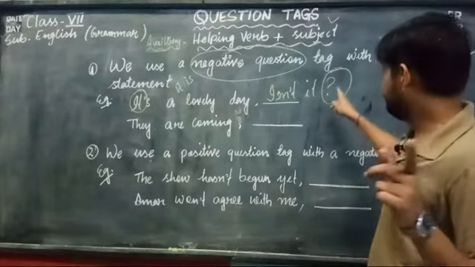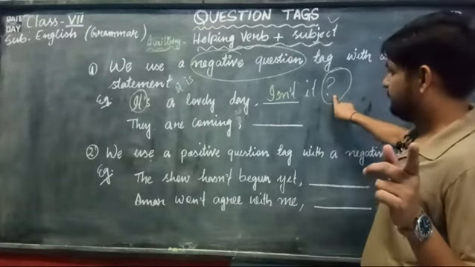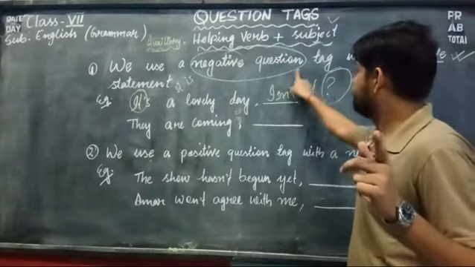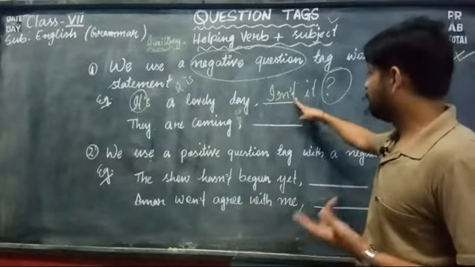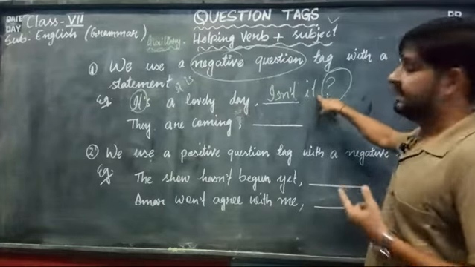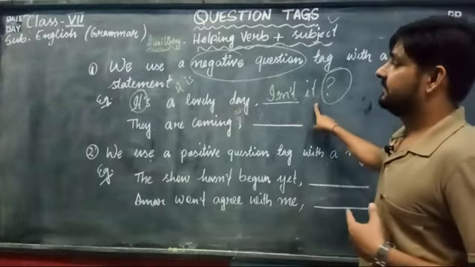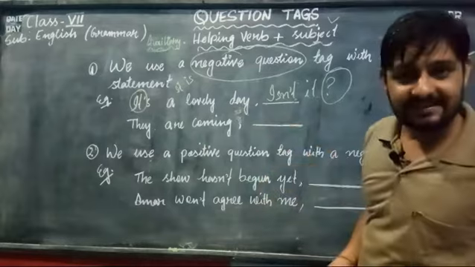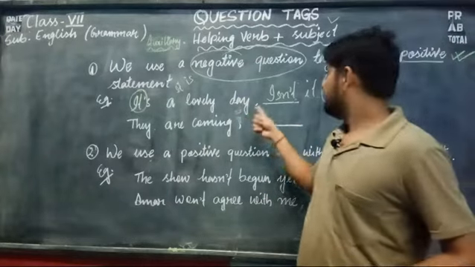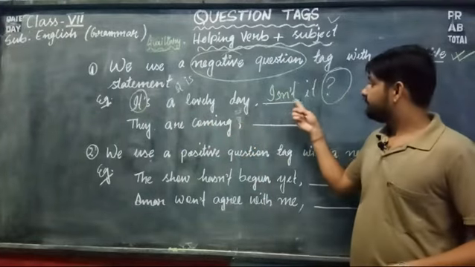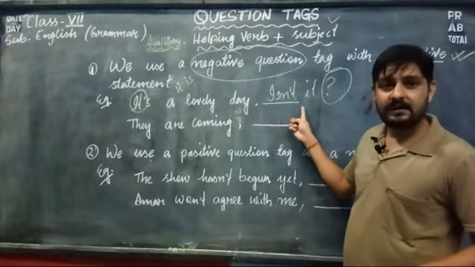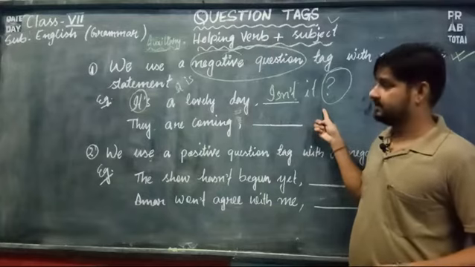You have to put the question mark when you finish writing the helping verb, which is negative, so not, and then the subject, which is it. So, isn't it? It's a lovely day, isn't it? The statement is positive, and the question tag becomes negative: isn't it?